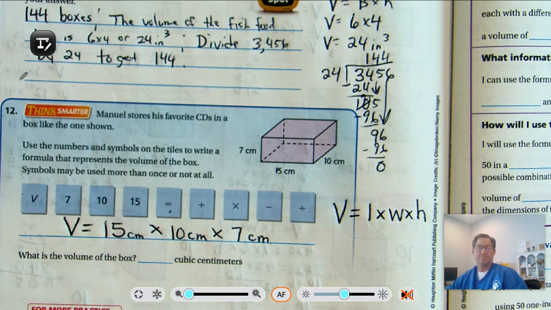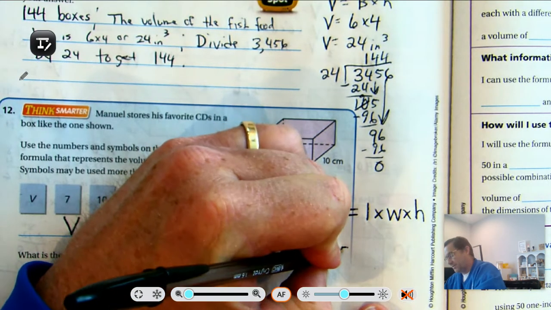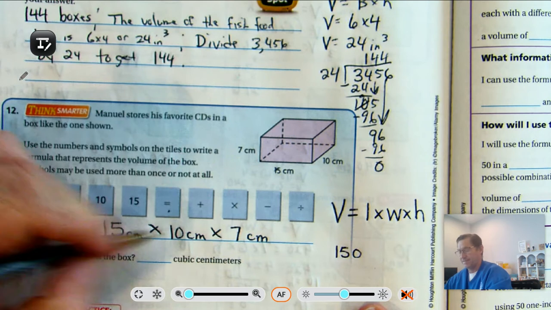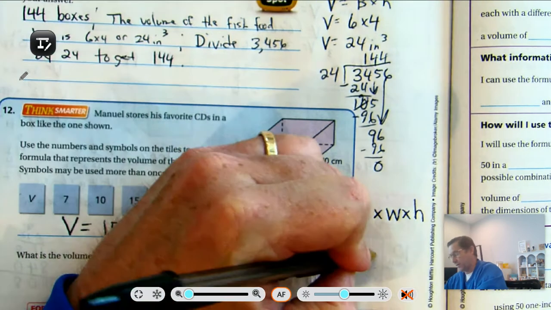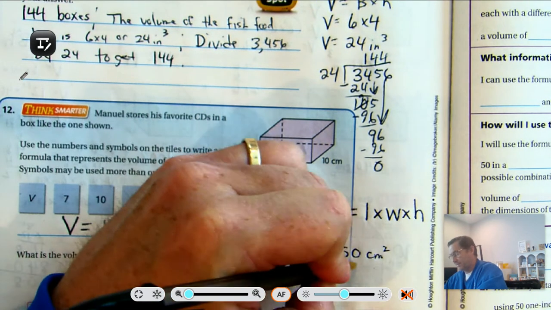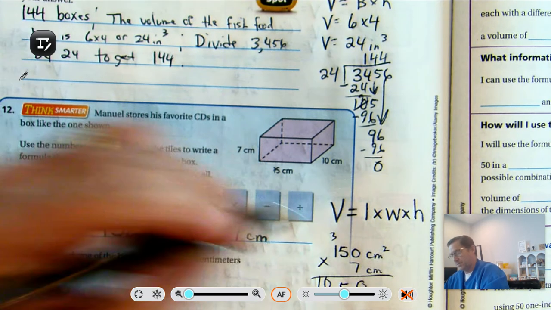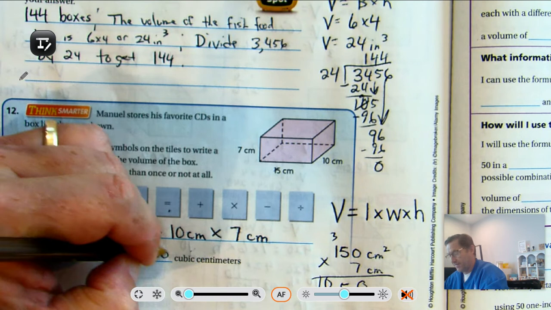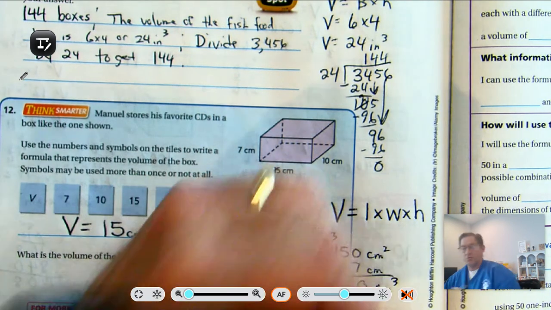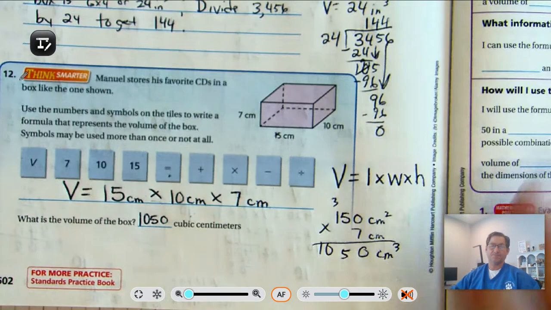So that's our formula. Now we just have to solve it. So 15 times 10, that's 150. Okay. So the base is 150 centimeters squared times 7 centimeters. So 1,050 cubic centimeters.